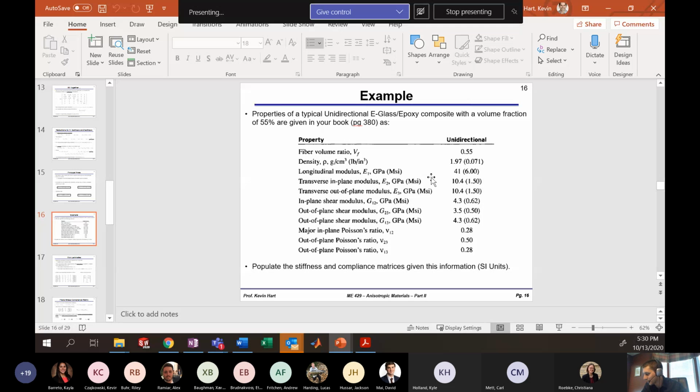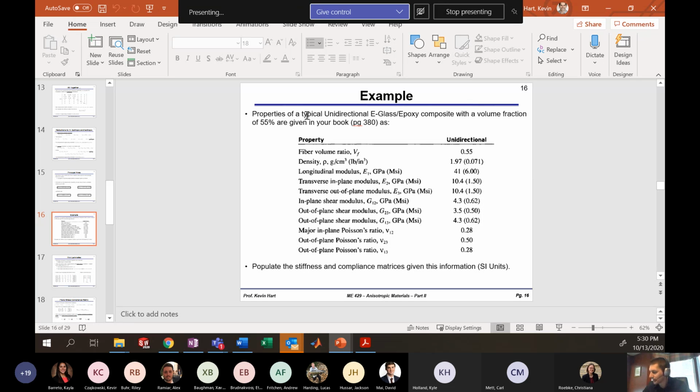You can see here that the modulus in the 2 and the modulus in the 3 directions are the same, because if you think of your typical unidirectional composite, the 1 direction, which has the fibers, will have a certain modulus, and then the 2 and the 3 directions, which are across the fibers, will be uniformly equal because it's a plane of isotropy. So we see that manifest itself here.